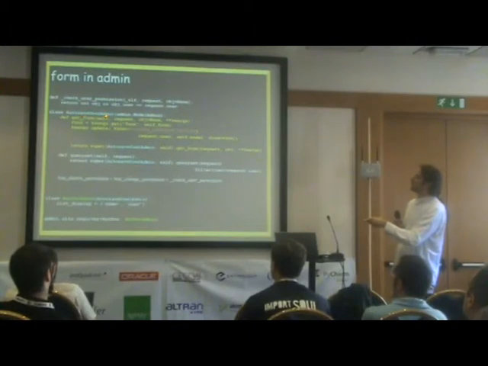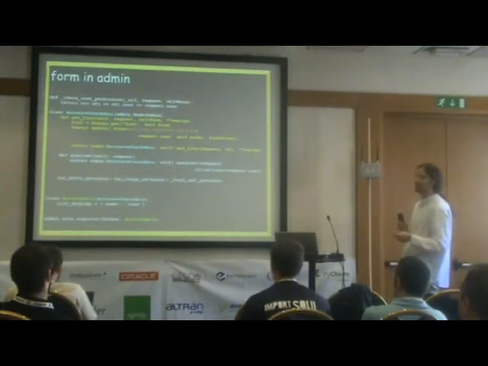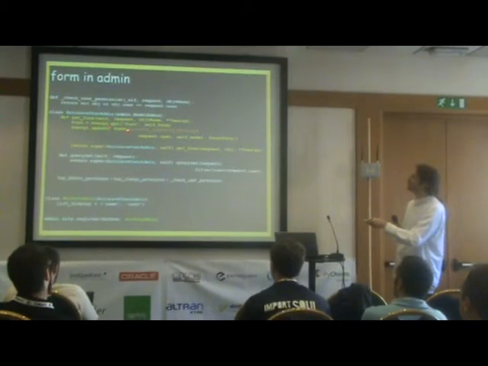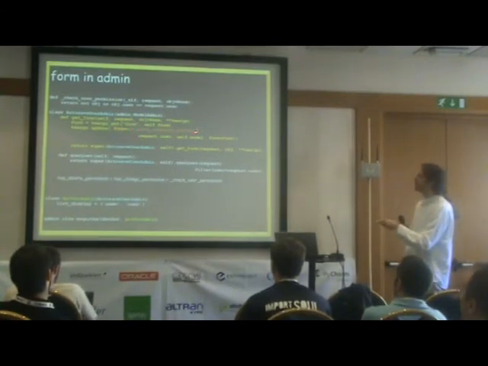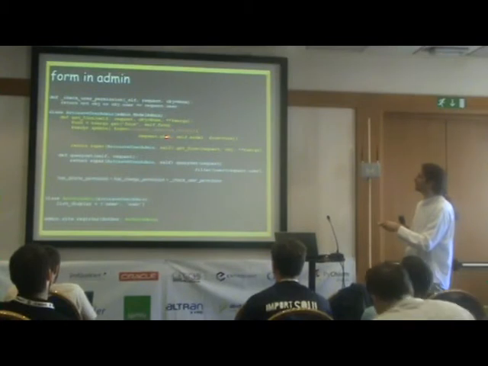The autosave user admin has to override get form. Get form returns the instance of the form. But by parameters, we can pass to the superclass the keywords with the form parameters. In this case, we create an autosave user form directly from the request user.